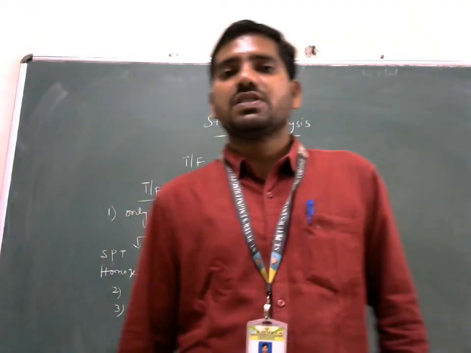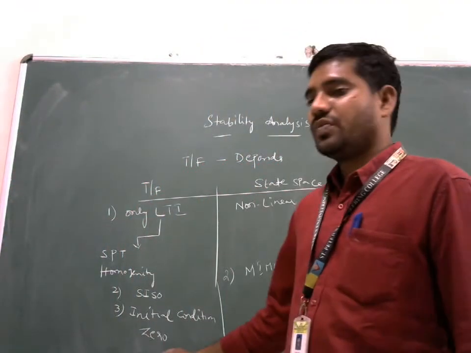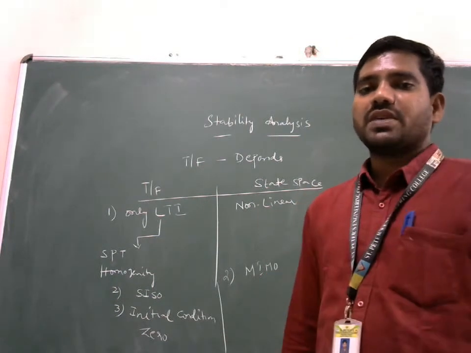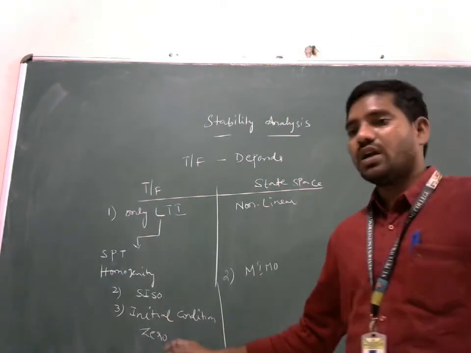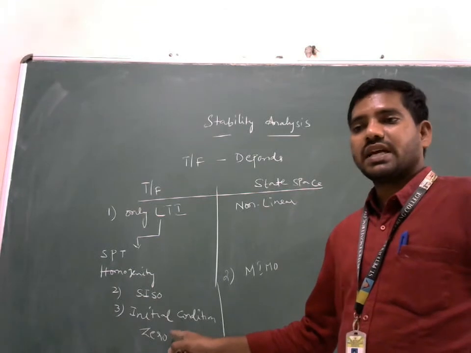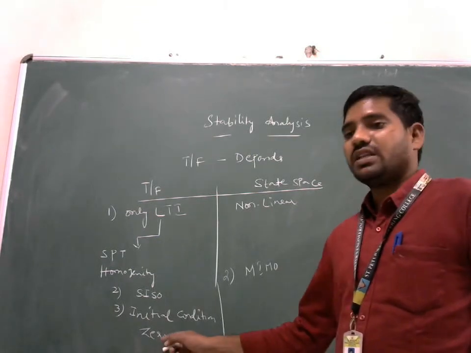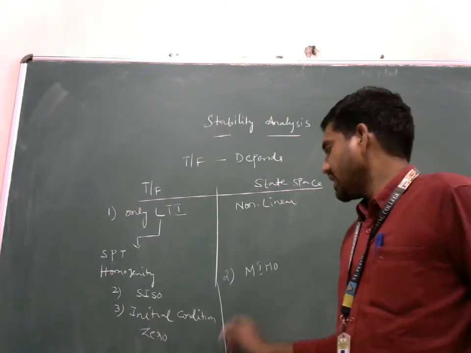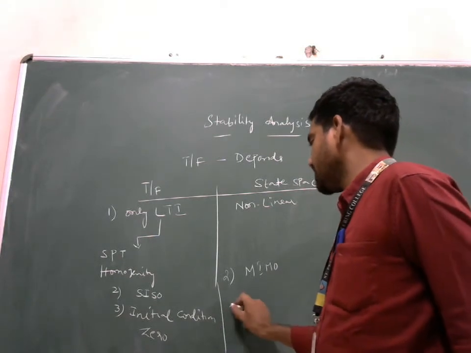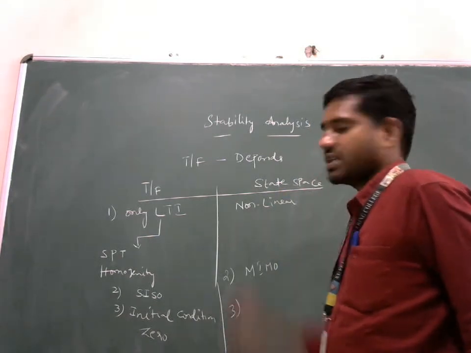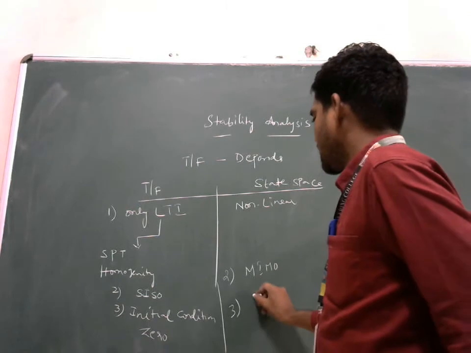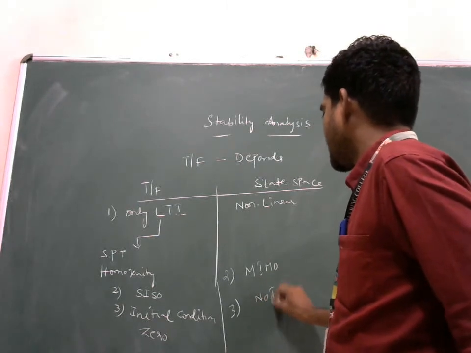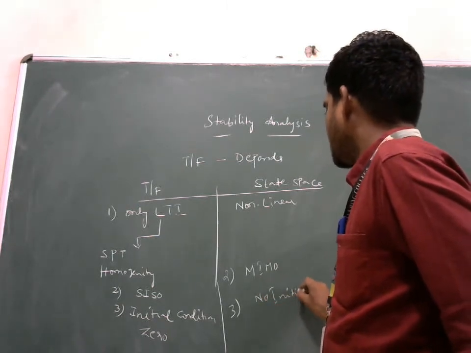The Laplace transform of the output of the system to the input of the system with initial conditions 0. Definitely the initial conditions must be 0. But coming to nonlinear systems or state space analysis, there is no limitation like that. No initial conditions.